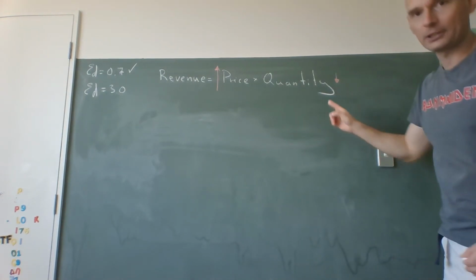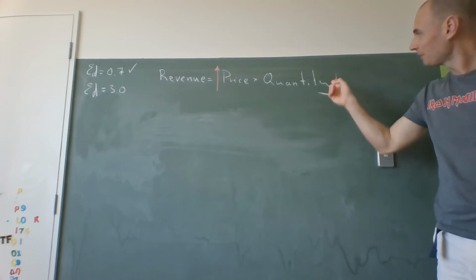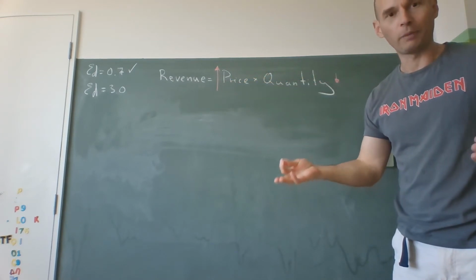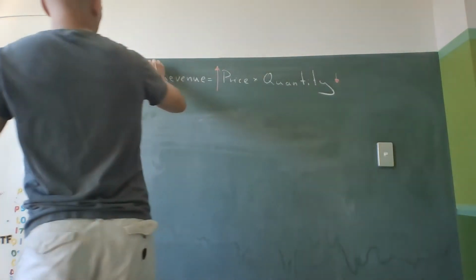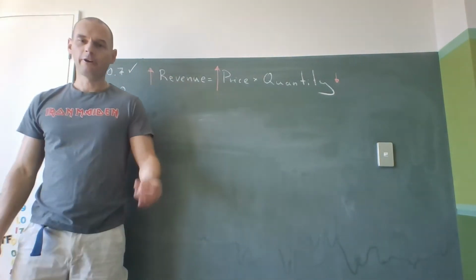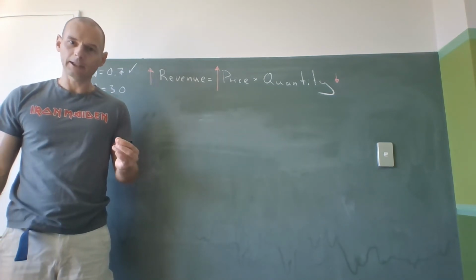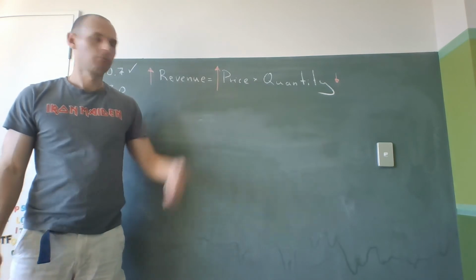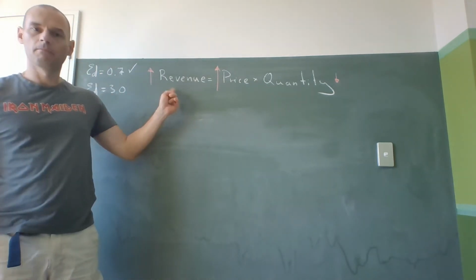So here, this downward arrow is going to be smaller than the up arrow. What's the net effect on my revenue? If my demand is inelastic and I increase the price, my revenue will go up.